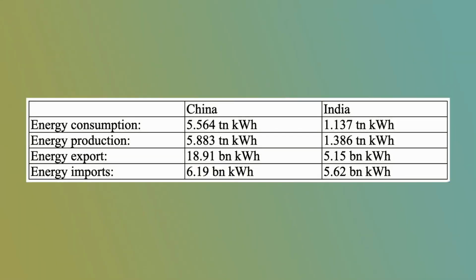As regards China, the energy consumption was 5.564 trillion kilowatts, whereas in the case of India, it is only 1.137 trillion kilowatts. Similarly, energy production, energy exports and energy imports of China are also higher than those of India.